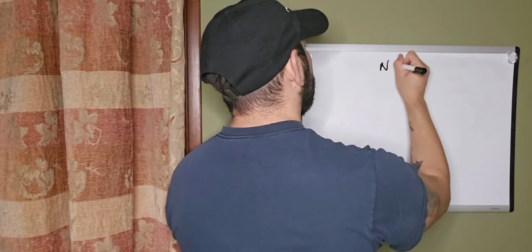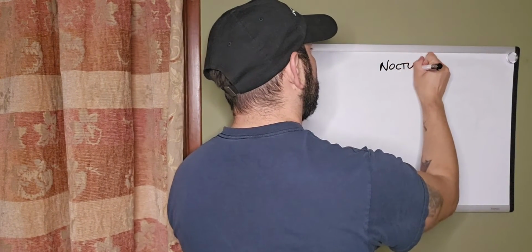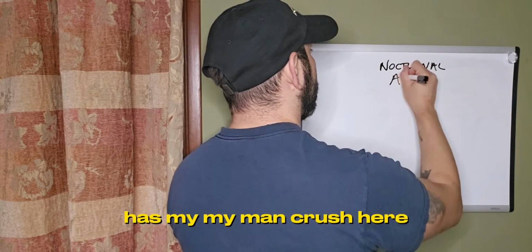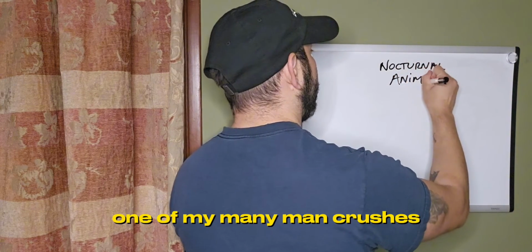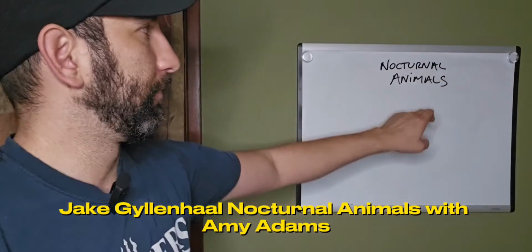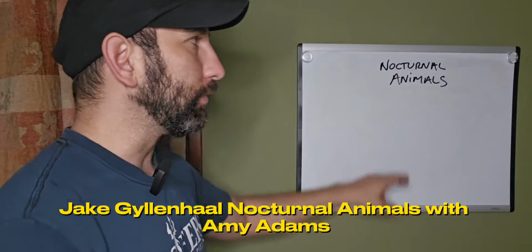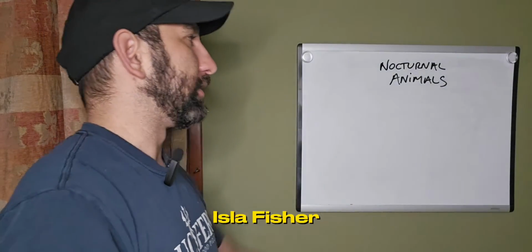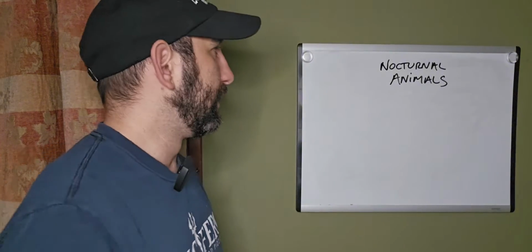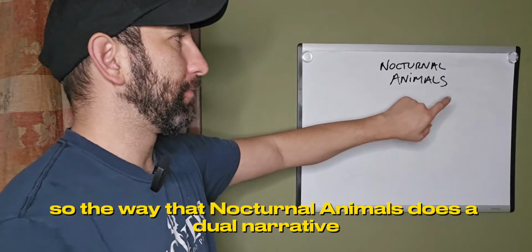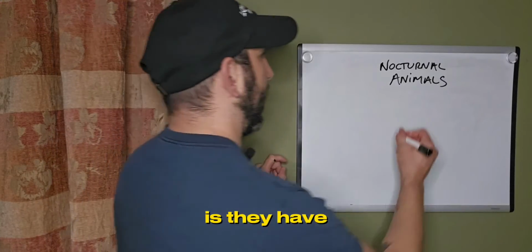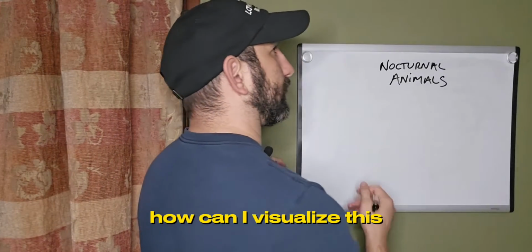It has my man crush here, one of my many man crushes: Jake Gyllenhaal, Nocturnal Animals, with Amy Adams, Isla Fisher, Armie Hammer, Mr. Cannibal. So the way that Nocturnal Animals does a dual narrative is, how can I visualize this?